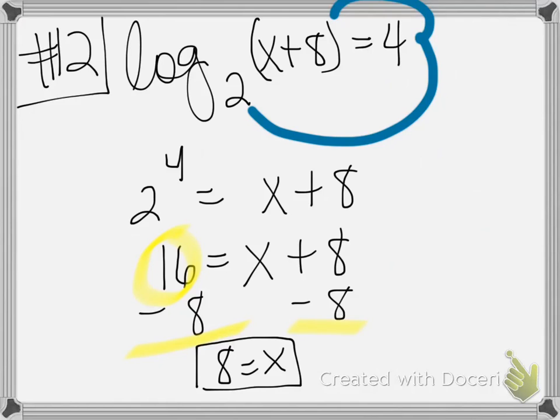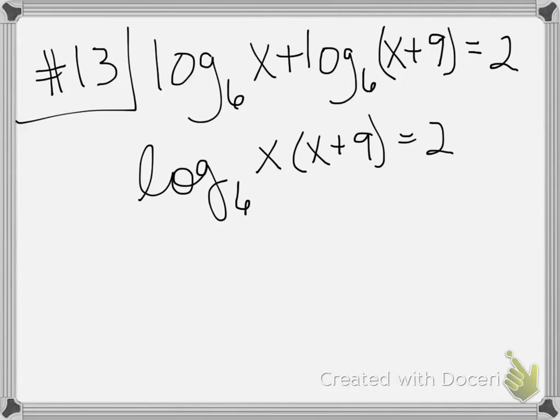That one's pretty easy. Number 13, the first thing I have to do is condense this into 1 logarithm. So I have x times x plus 9, and you're probably thinking, where did this 9 come from? Well, if you're looking at your review, I had to change it because it wasn't working out right. So you need to change and make this number right here a 9.